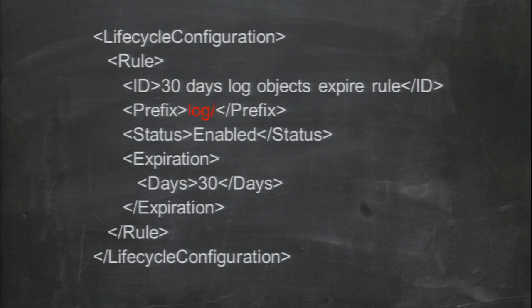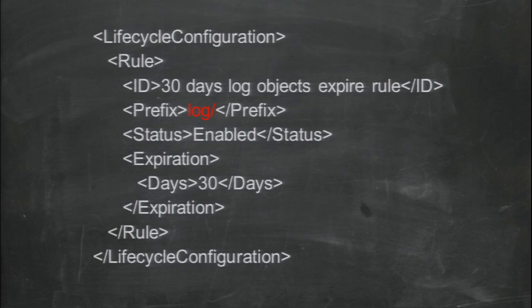There are two pieces of information that S3 needs to operate on. One is a prefix. These are the set of keys in your bucket that this rule will affect. Here I'm saying anything in my bucket that starts with log/ will be affected by this rule. The slash is important. S3 doesn't really have directories like a file system has.